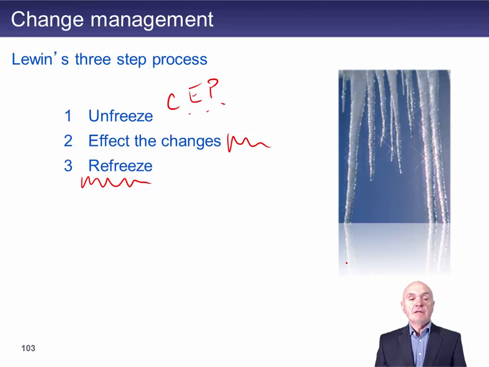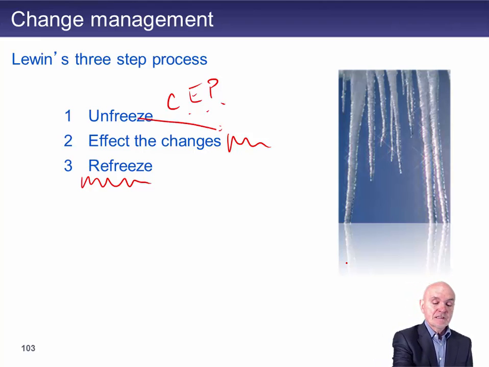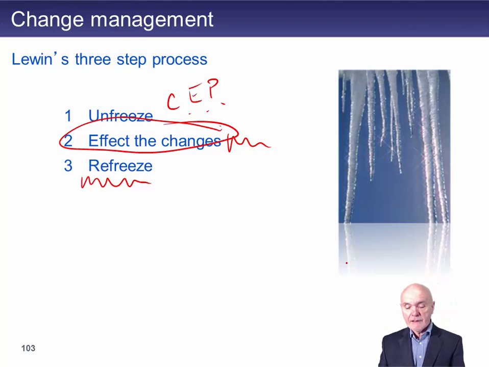The second element of refreezing is essentially to give people a rest. I've said that this process of change is actually very tense for many people. A lot of turmoil in that, a lot of extra work in the change process. You must let them actually enjoy the fruits of their labour. You must let the new system settle down, give them a rest for about a year before you change it radically again.